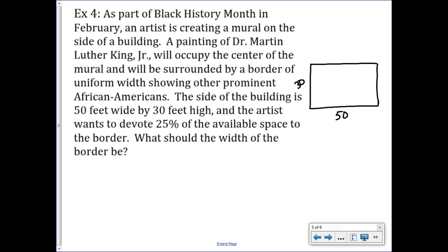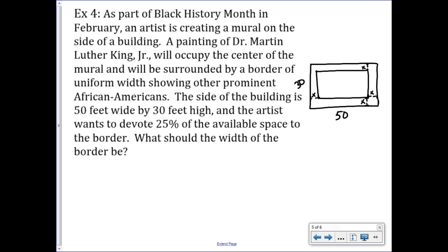There's some kind of border on the wall, and it says it's uniform width. Well, we don't know what that width is, but that means if it's uniform, that it's a distance of x in this direction and also x in this direction, but also here is going to be x. And here is going to be x.